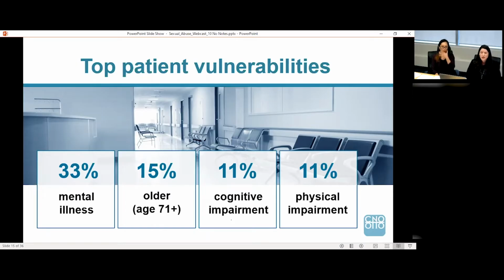As you can see on this slide, a third of patients had mental health conditions, 15% were elderly over the age of 70, and 11% each had cognitive and physical impairment. Again, these factors may make them more vulnerable if they're not aware of their surroundings and what's happening to them.